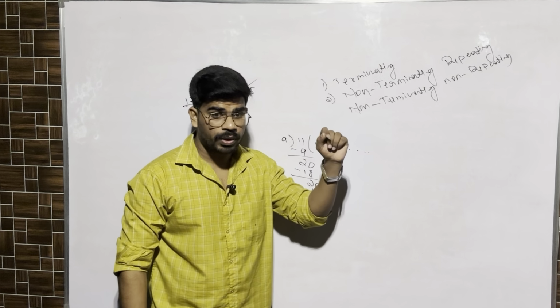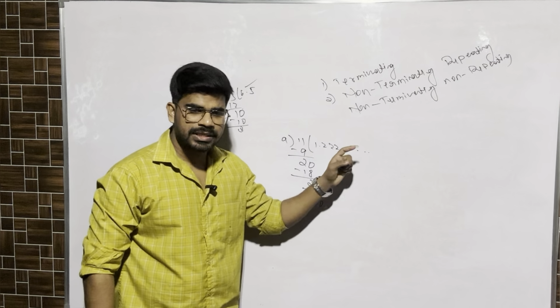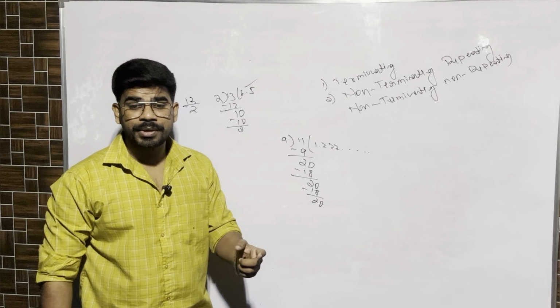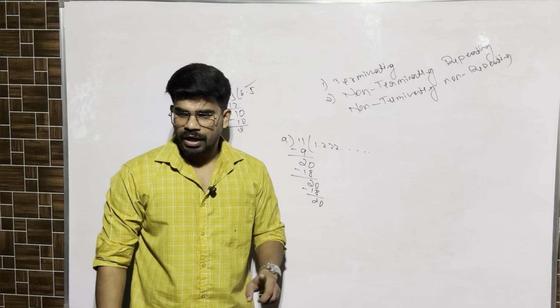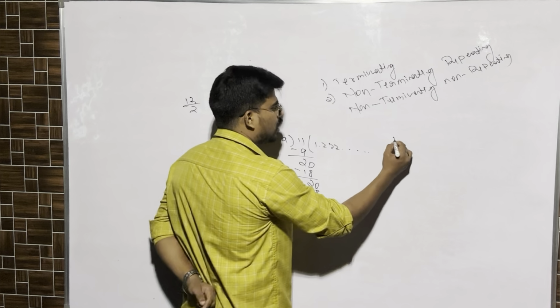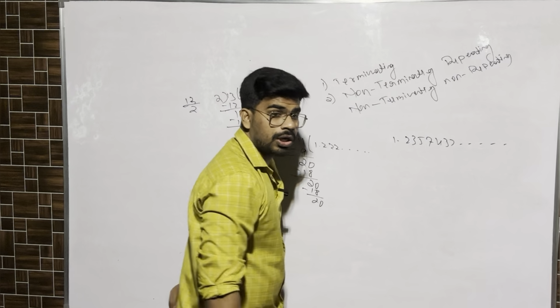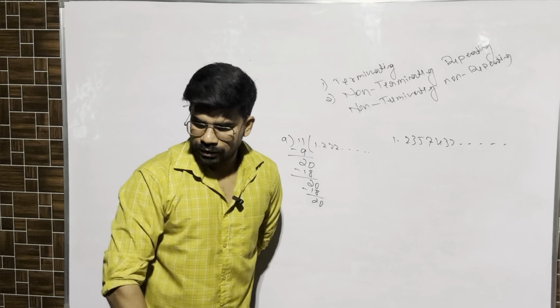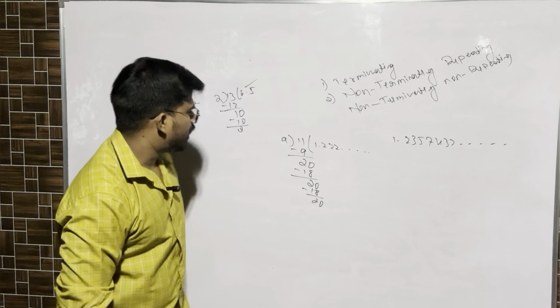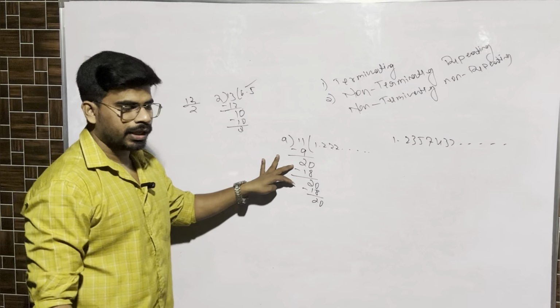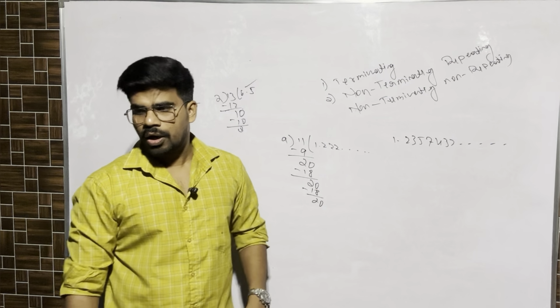But in non-terminating, two categories are there. If only the same number is repeating again and again, that is non-terminating repeating. If different numbers are coming, for example 1.2, 3, 5, 7, 4, 3, 2 and so on, this is non-terminating, non-repeating. So: terminating, non-terminating repeating, non-terminating non-repeating.